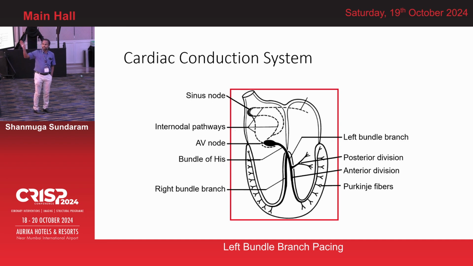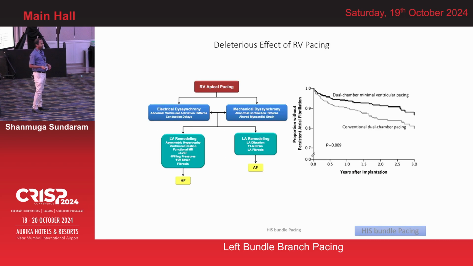Any disease in the conduction system fibers will produce symptomatic bradyarrhythmia, and for that we have to do a permanent pacemaker implantation. We have been doing it since the 1950s, but we have learned that pacing the right ventricle is all myocardial pacing and does not stimulate the cardiac conduction system fibers. Pacing the right ventricle produces deleterious effects on the left ventricle.